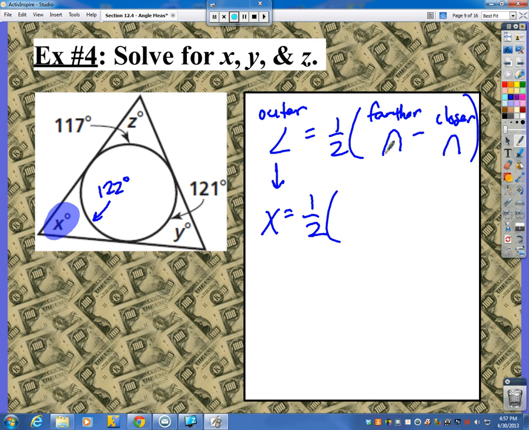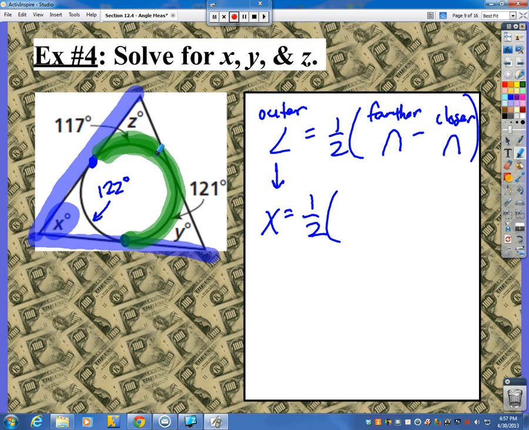How big is the arc farther away? Well, let's look at angle x. Angle x goes all the way to here, out to here, and it touches the circle. We have two tangents, here and here. So the farther away arc would be all the way from here to here.